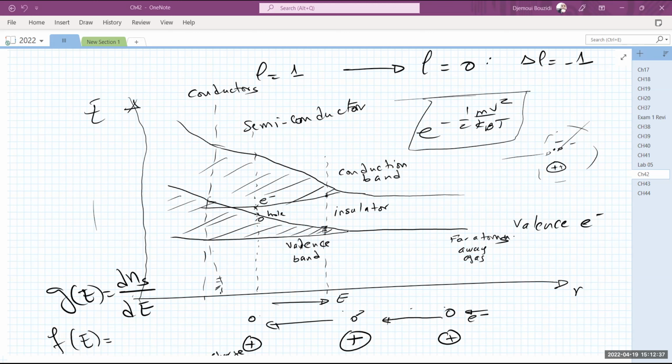The minute an electron leaves the valence band and ends up in the conduction band, it leaves behind a gap. And we're going to talk about that. You have an empty space, okay? And that empty space can be easily covered by another electron that hops from another atom nearby in the valence band.